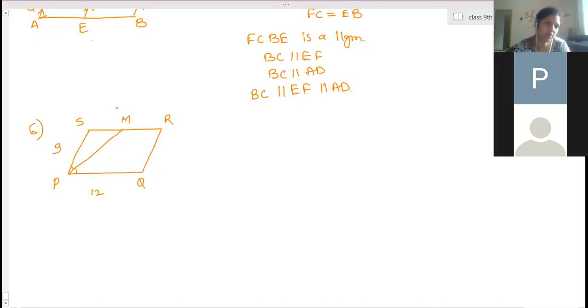PM and QR both are produced to meet at T. Find the length RT. This length you have to calculate.